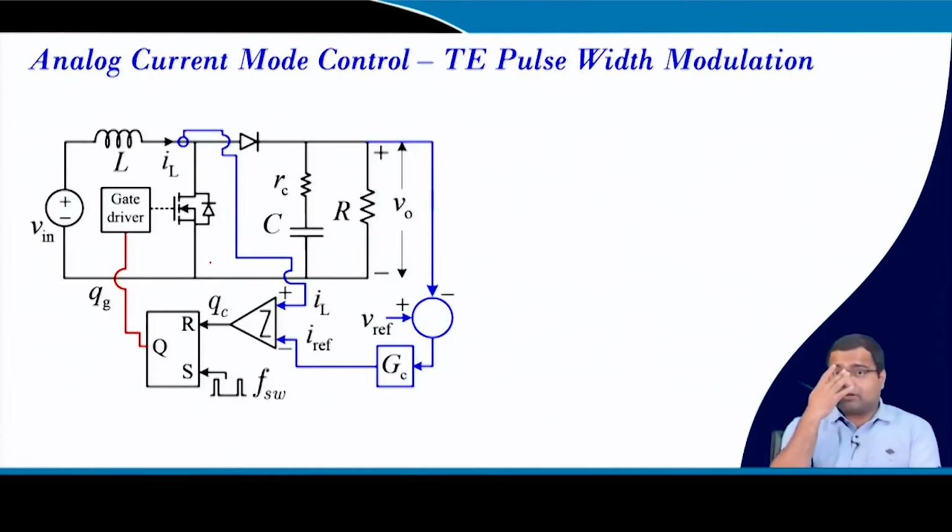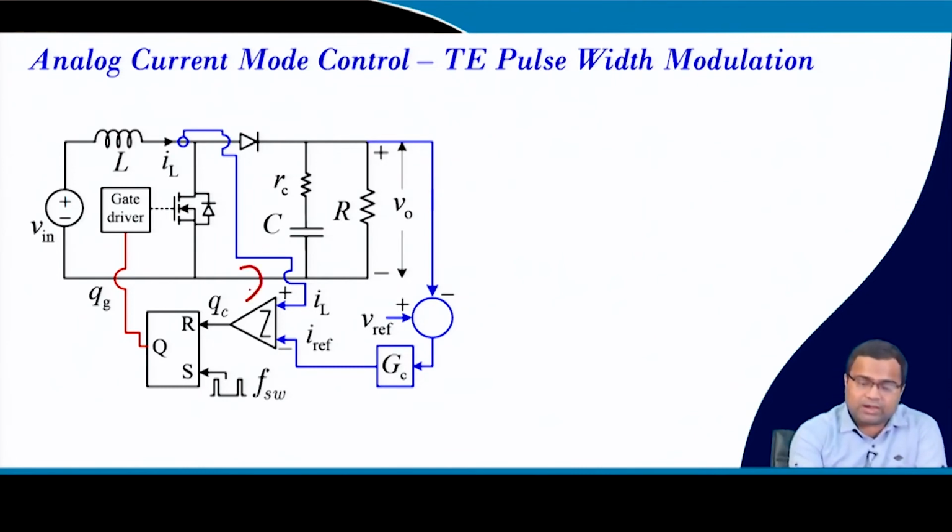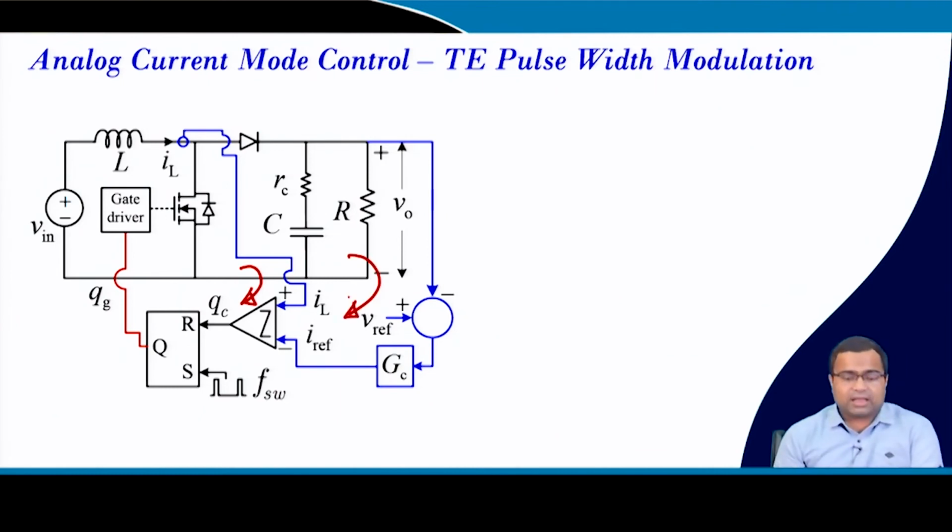If we go to analog current mode control we have two loop control. One is the current loop and the other is the voltage loop, right? And we know the voltage loop can be sampled once per cycle, but the current loop cannot be like that, because the current ripples are quite large.